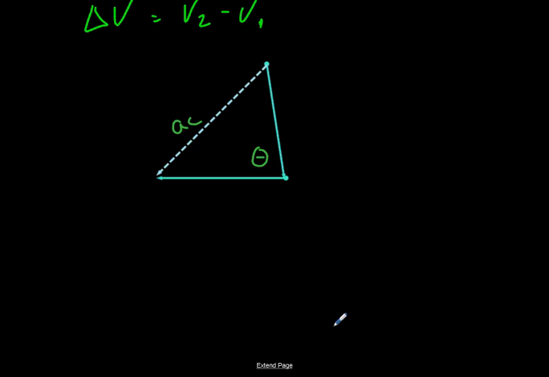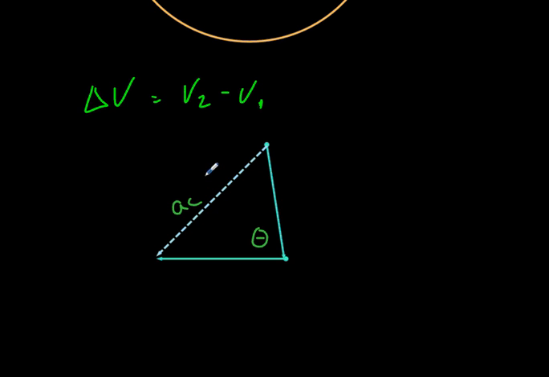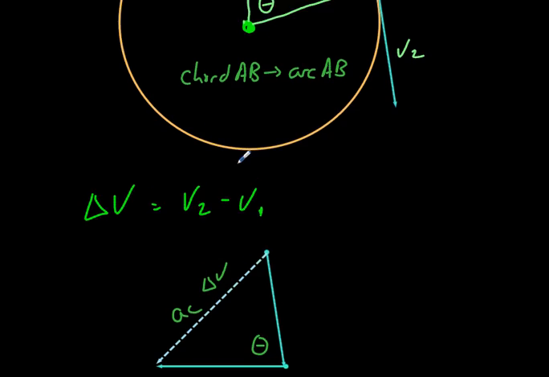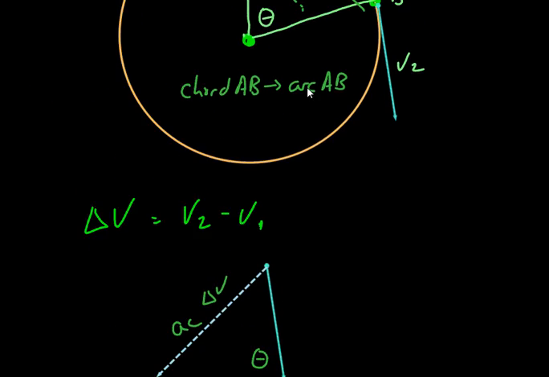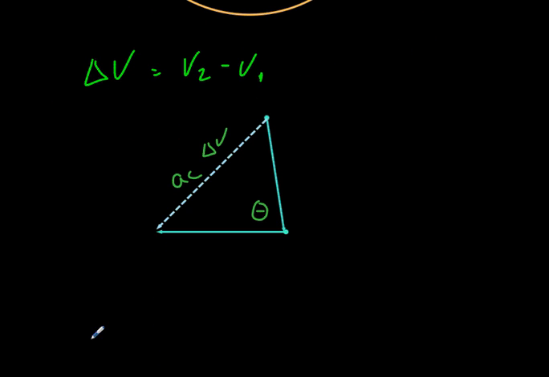And so what you get then is this is delta V, and that is the equivalent of chord AB. So we'll say that delta V on the similar triangle is chord AB.